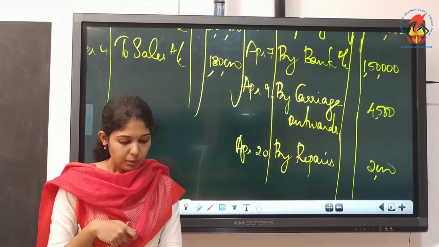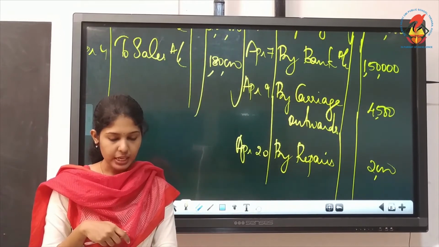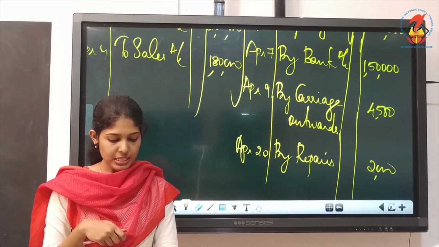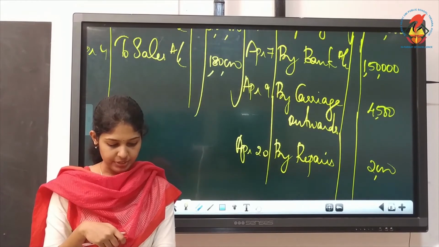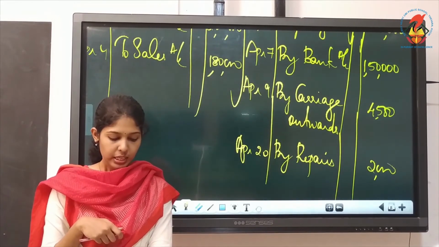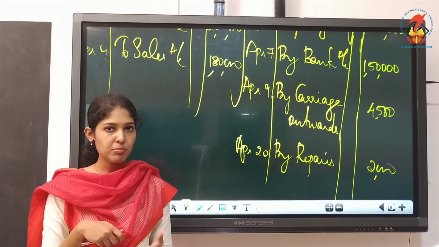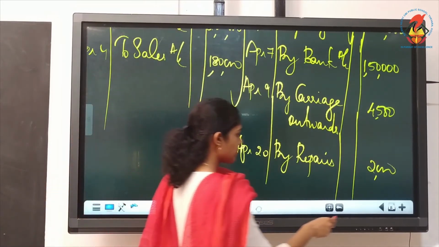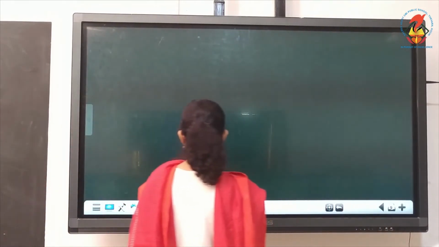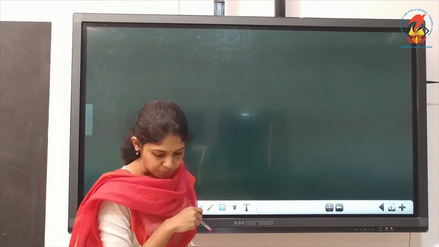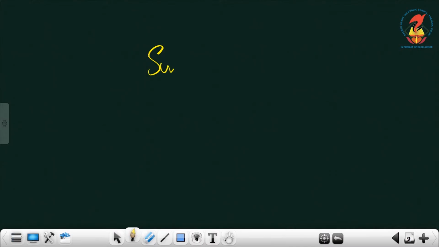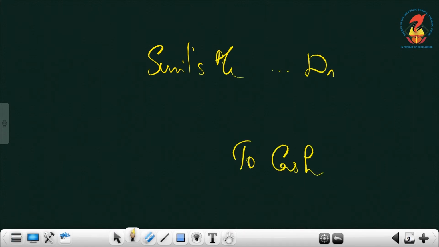The next one, paid cash to Sunil, a creditor, after deducting discount of 500, and what we paid is 9,500. Okay, we are paying him cash. This must be recorded here. What will be the entry first of all? You are paying Sunil. So the basic journal entry is Sunil's account debtor to cash account.